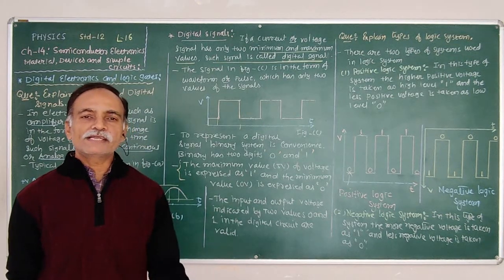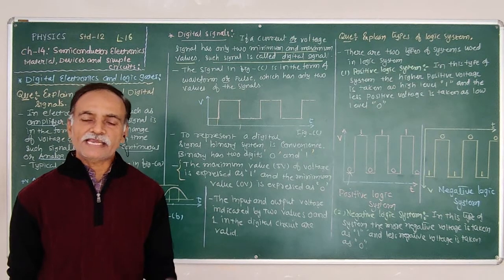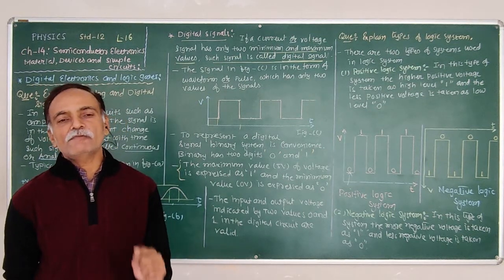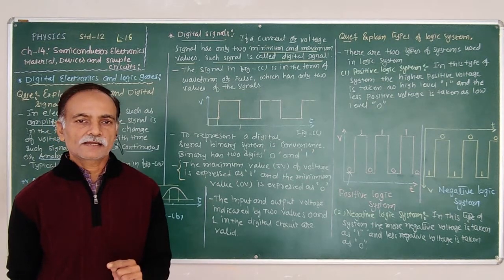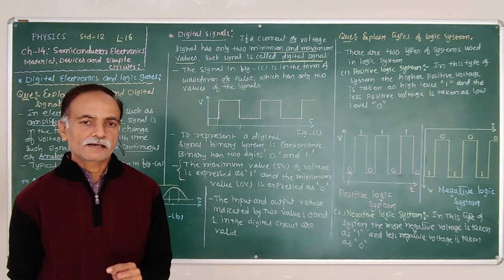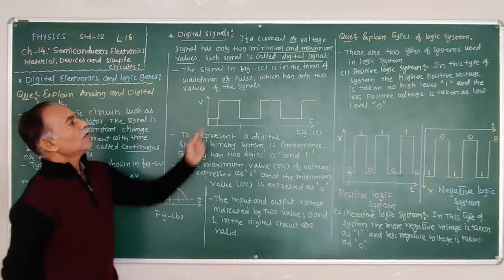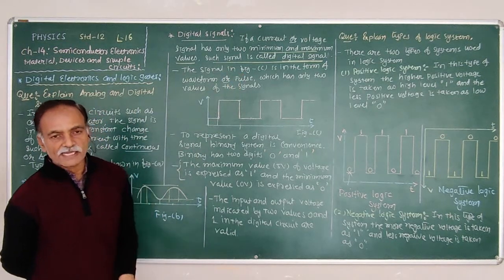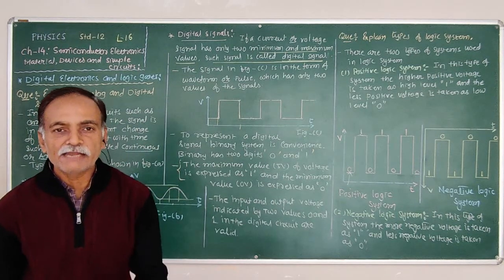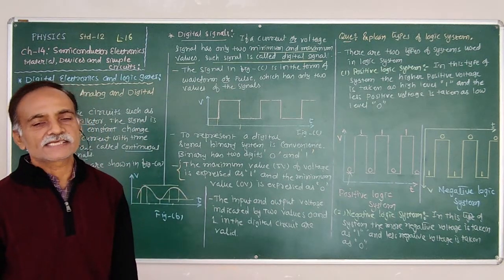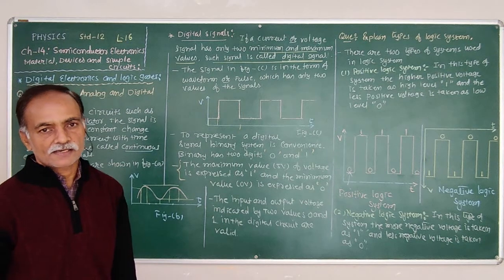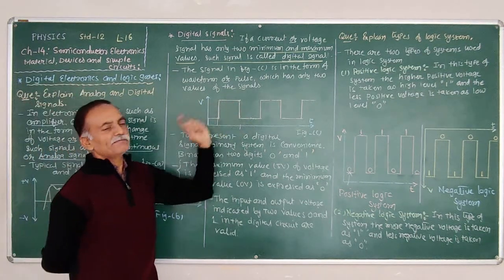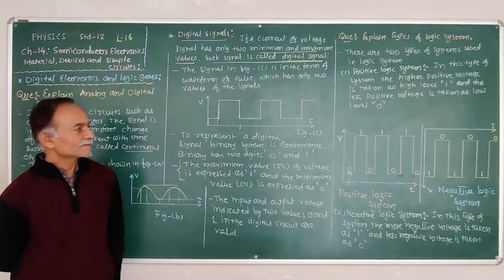No value of voltage and current between the maximum and minimum is possible in a digital signal. That means it contains only the maximum and minimum values.